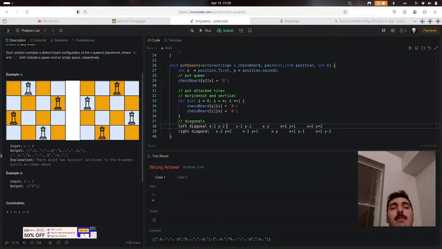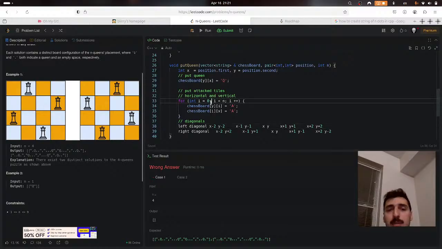It can't be n probably, because the coordinates go 3, 2, 1, 0, so 0 to n, pretty much the same as here.